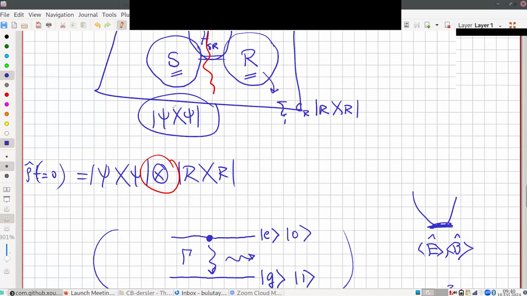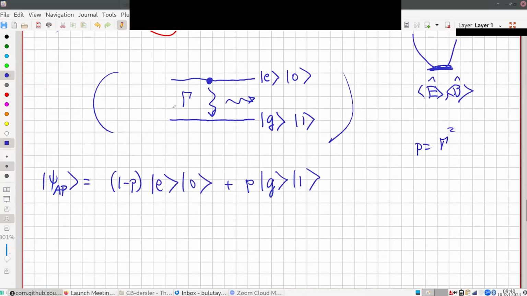So what we do is we just care about the atomic degree of freedom. How do we do this? We trace out the reservoir degree of freedom of this composite system. I'm using now photonic, so I should say P.